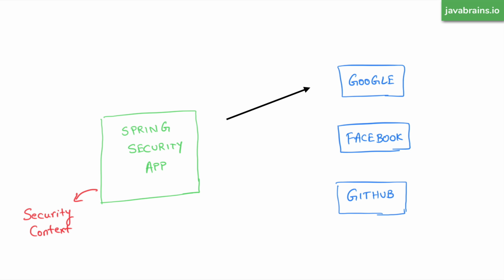But if the application that I'm trying to access is not something that I'm very confident about, then a user has good reason to refuse to provide access to the Google profile information. Because if that access token gets lost, there is always a possibility of someone else impersonating as that user.